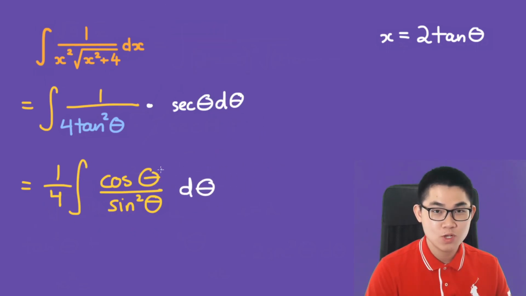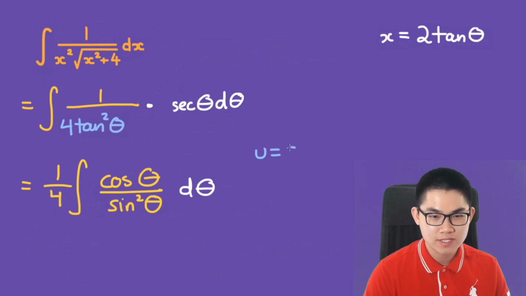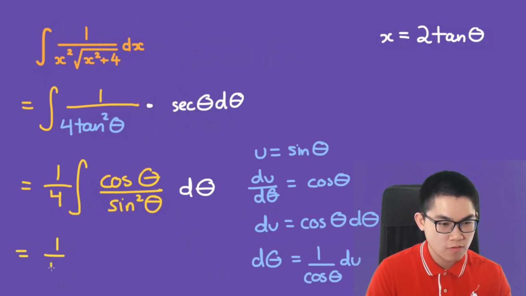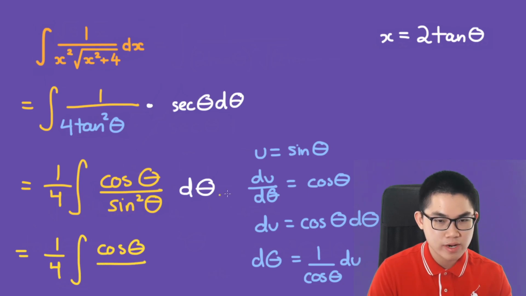And we have to do u substitution. So let u equal sine of theta. So du over d theta is going to be cosine. So du is cosine theta d theta, and d theta is 1 over cosine du. This is equal to 1 over 4 times the integral of cosine over sine squared, and sine is u.